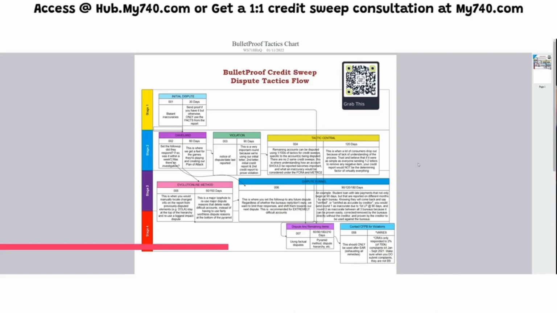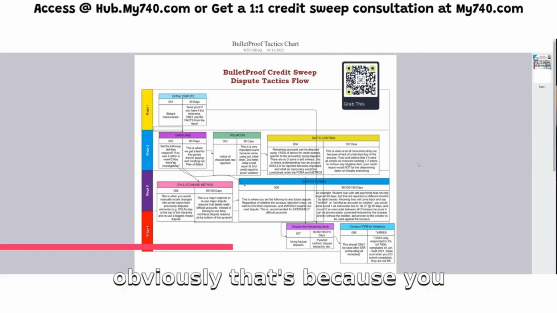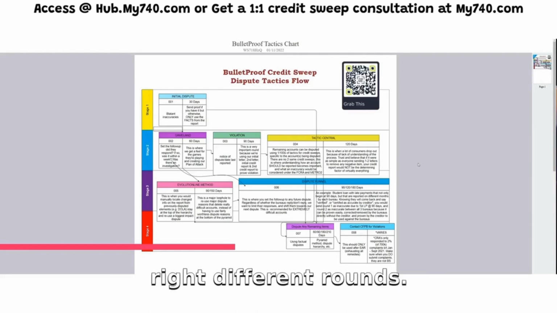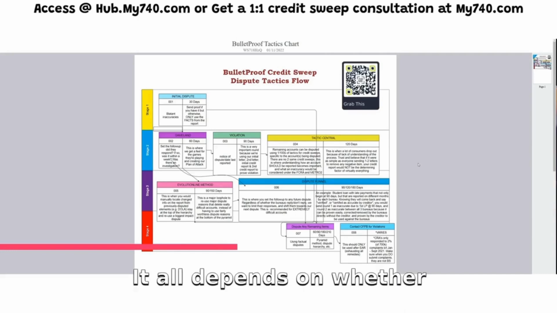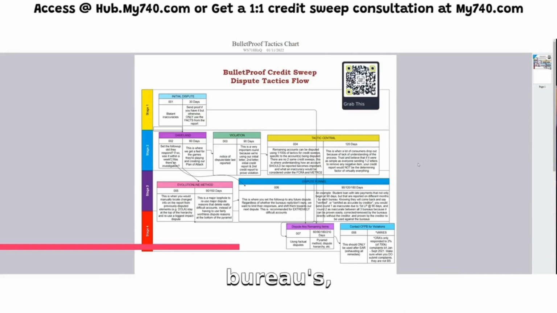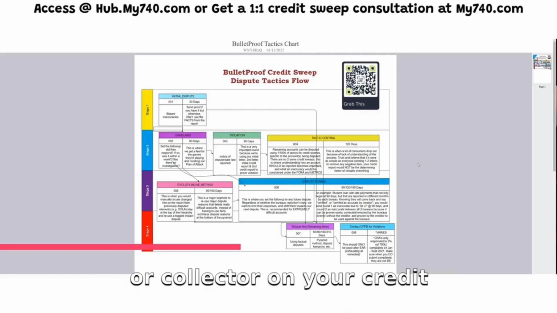Now, here's the deal. You're looking at this chart and you're like, well, Kristen, I see all these arrows going everywhere. Well, obviously that's because you might be able to jump to different tactics, right? Different rounds. It all depends on whether something was removed and/or how it was updated by the bureaus or the creditor or collector on your credit report.